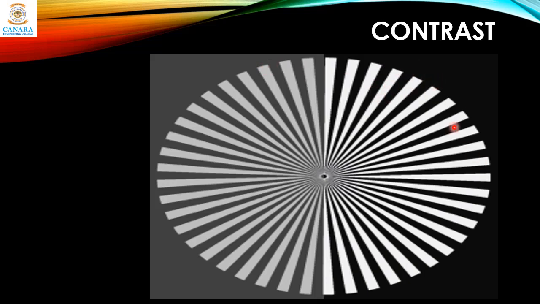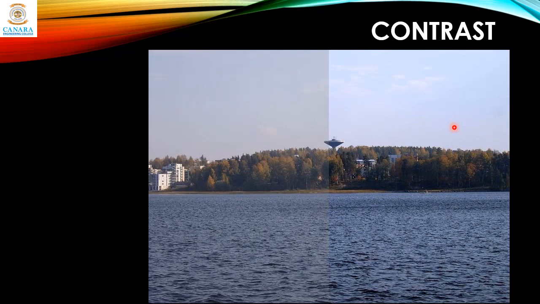We'll consider one more example. In this example, on the left hand side the contrast is less, and the image looks blurry. On the right hand side, you can clearly see the difference between the background sky and the foreground.